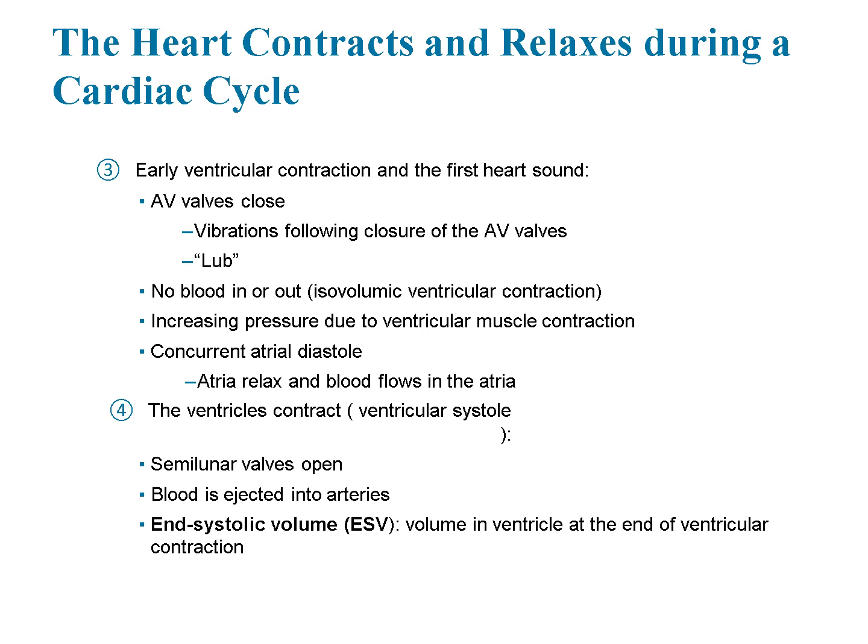However, as the ventricular muscle contracts, pressure within the ventricles begins to rise. Concurrently, the atria enter diastole, relaxing and passively filling with blood in preparation for the next cycle. In the fourth phase, known as ventricular systole, the ventricles contract forcefully. As ventricular pressure exceeds the pressure in the arteries, the semilunar valves open, allowing blood to be ejected into the pulmonary and systemic circulations.